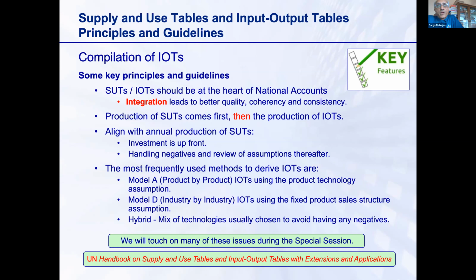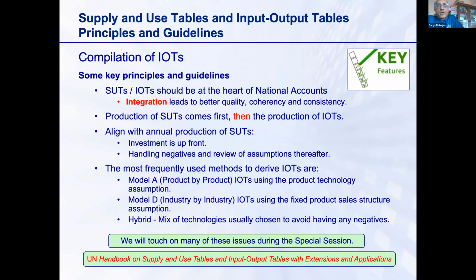Yesterday you saw this schematic. In the top left-hand corner, you have the supply and use tables as compiled and as presentations have shown in purchasers' prices. And then we convert them to basic prices through the reallocation of taxes and subsidies on products, the reallocation of trade and transport margins, and then the removal of imports of goods and services. At this stage, like the purchaser price balance and the basic price balance, it's a product by industry scenario.